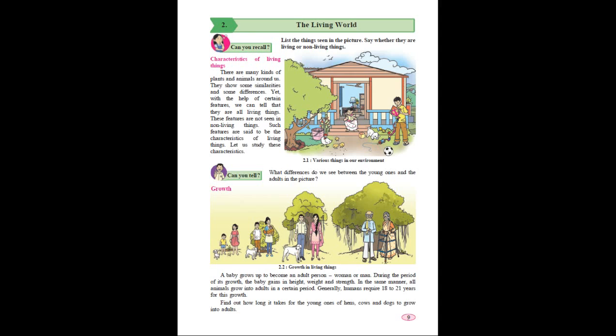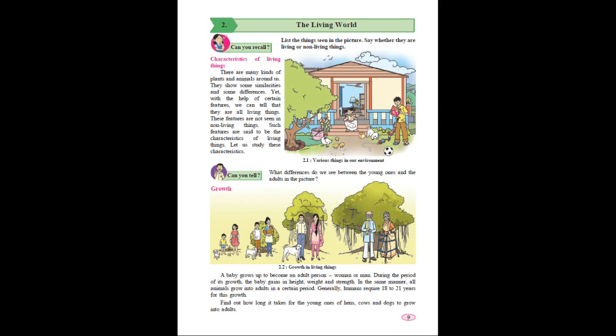Now, can you tell what differences we see between the young ones and the adults in the picture? In one picture small children are standing, and in the second picture young people, a girl and a boy, are standing.